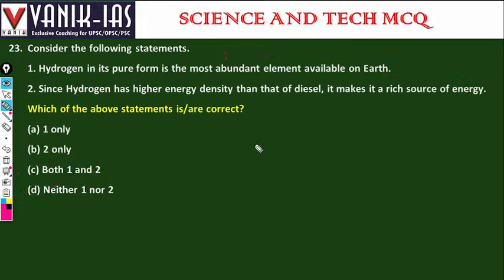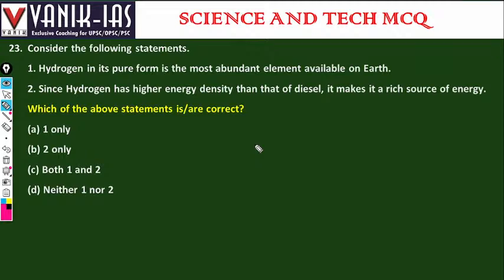Next question. Hydrogen in its pure form is the most abundant element available on earth.